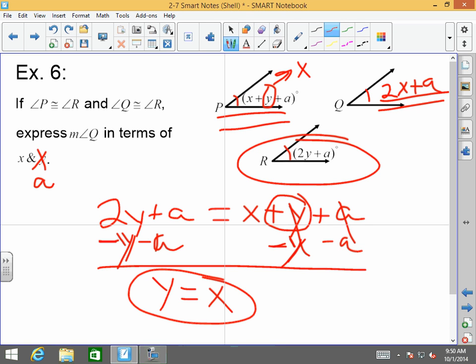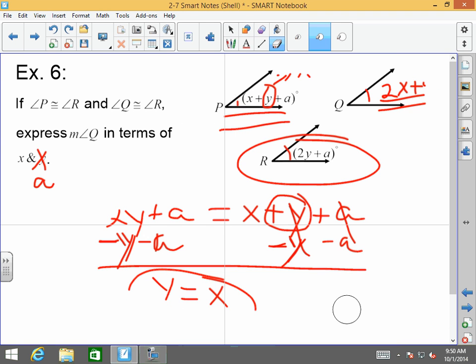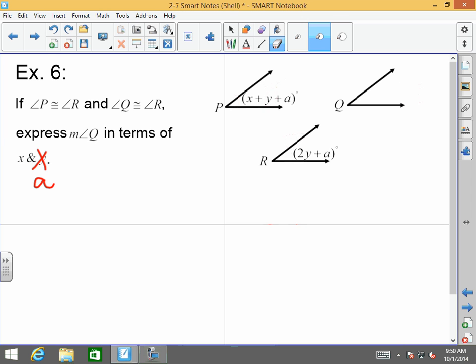Okay, hold on, let's do this again. Thank you, guys. I appreciate the honesty. Let's do this again. We want to solve for angle Q in terms of x and a. In angle P, I have an x, a y, and an a. In angle R, I have a 2y and an a.